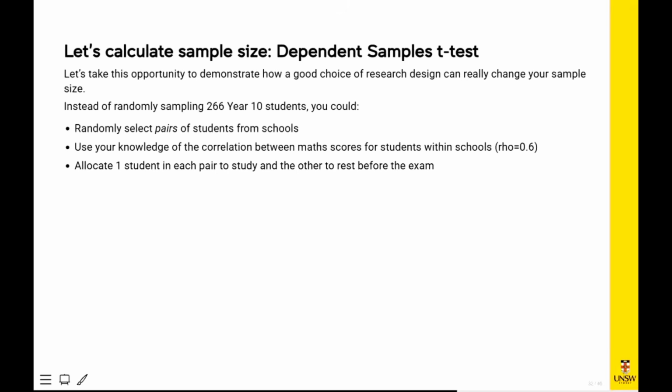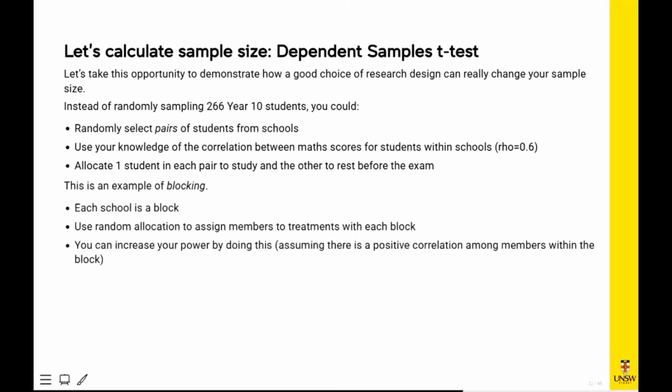And because we do know that there is a correlation of math scores within schools of 0.6, what we would do is select pairs and then randomly allocate within a pair. And then we can do a t-test at the end and test for a difference.